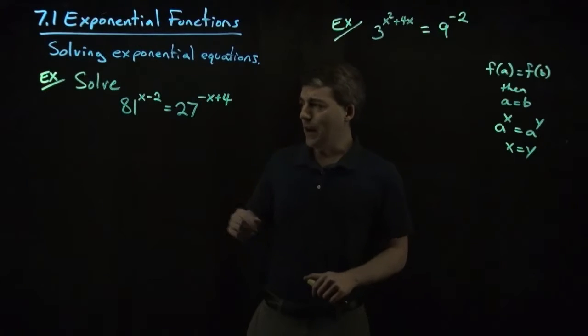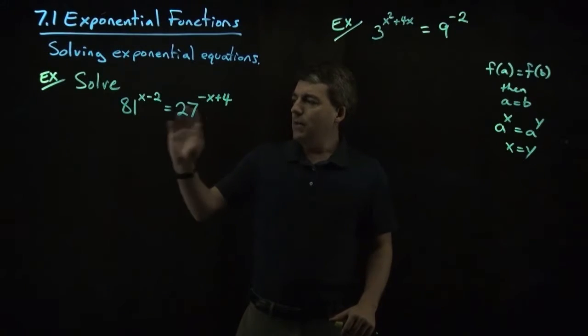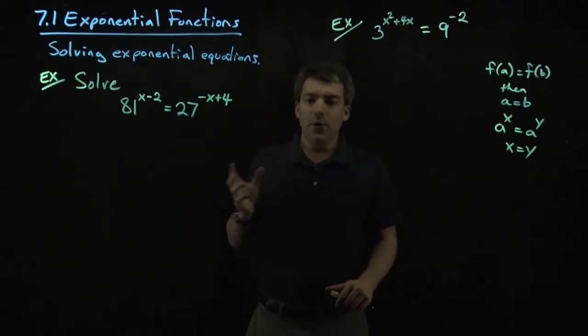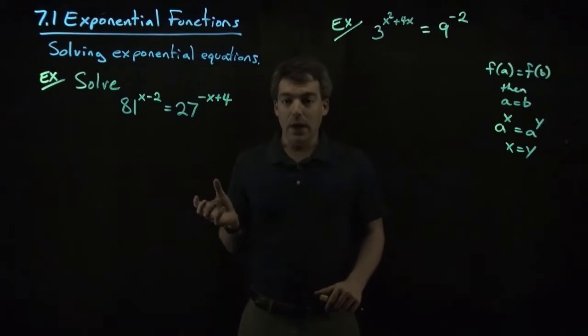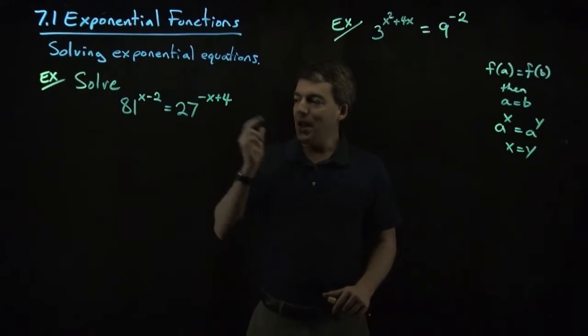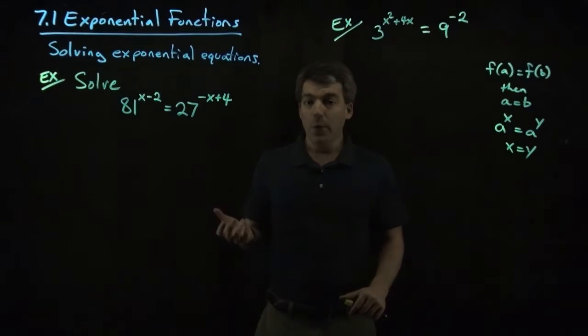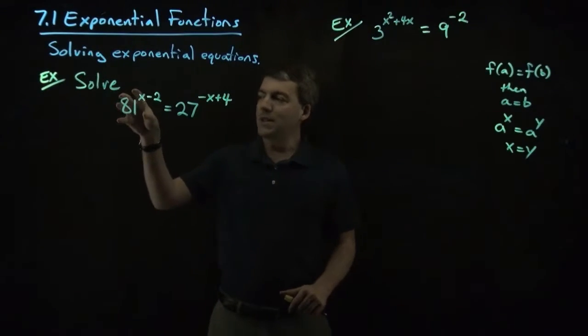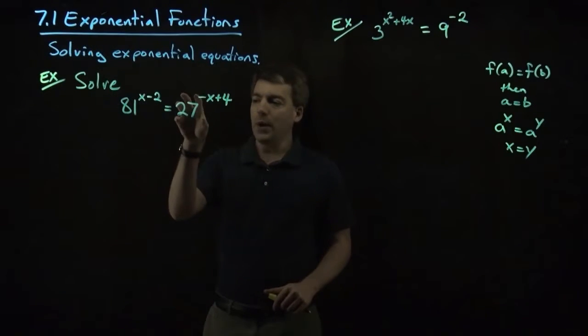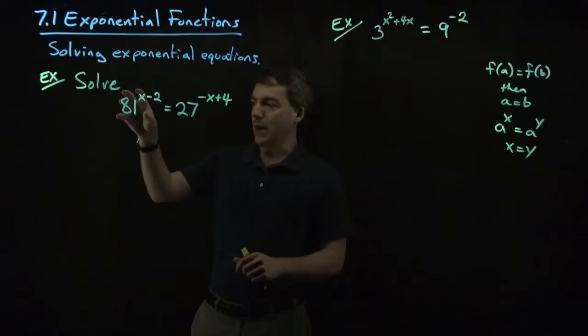So let's see if we can do that here. We have 81 and 27. You might notice that both of these are powers of 3. For example, 27 is 3 cubed, and 81 is 3 to the 4th power. So we can replace the 81 and the 27 with their appropriate powers of 3.